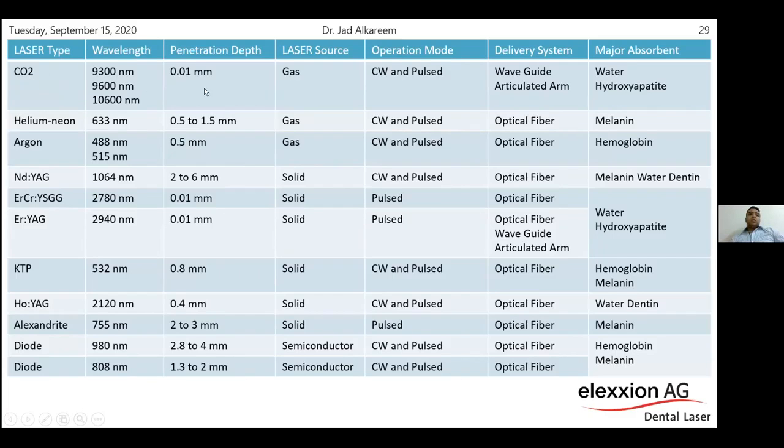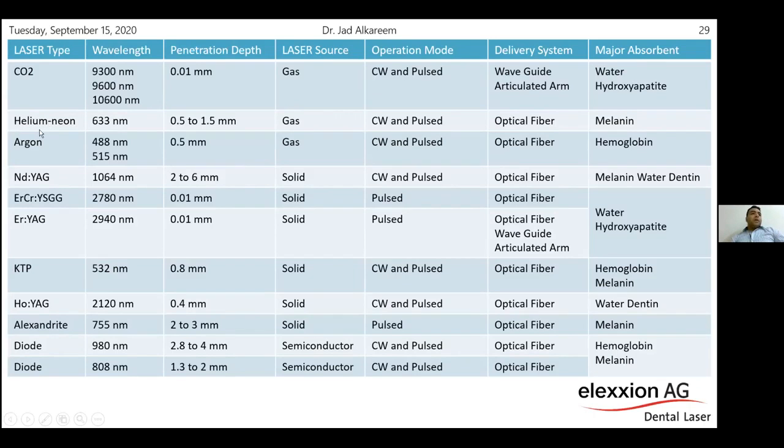So we have the CO2, it has a penetration depth into the tissue of 0.01 millimeter. The source of this laser is a gas. It can be used in both continuous wave and pulsed wave. The delivery system can be a waveguide, handpiece, or an articulated arm. The main absorbent of this wavelength is the water and the hydroxyapatite.